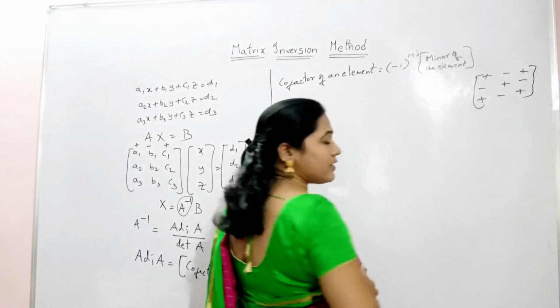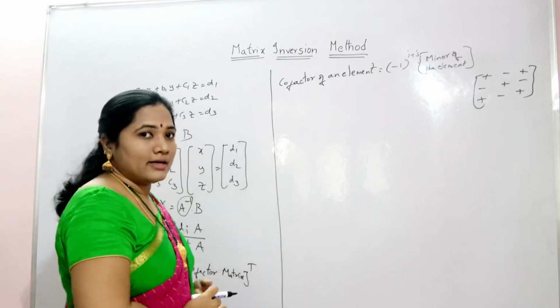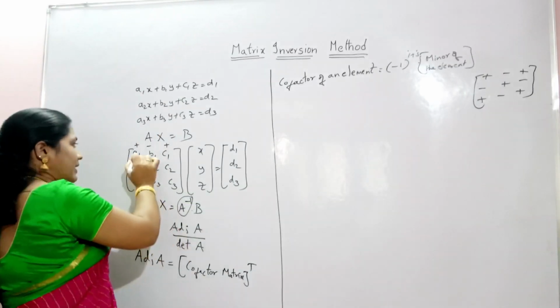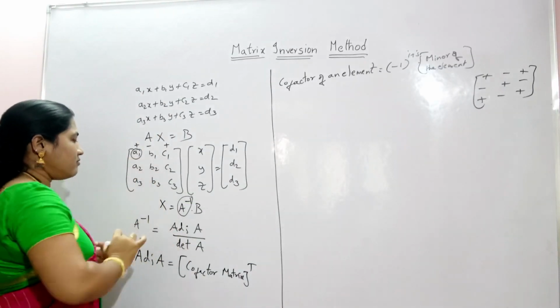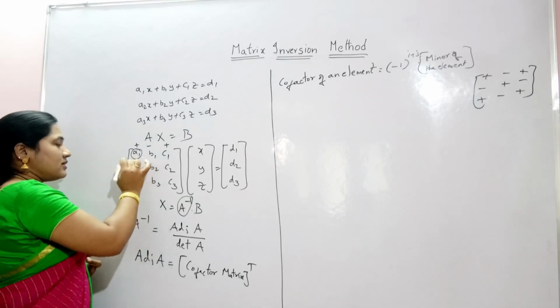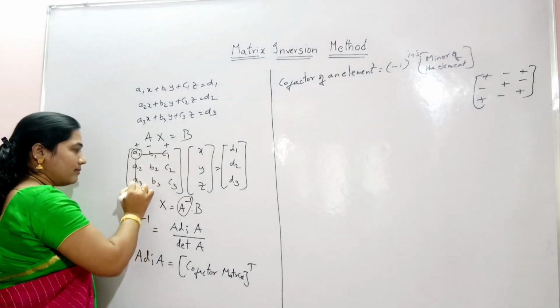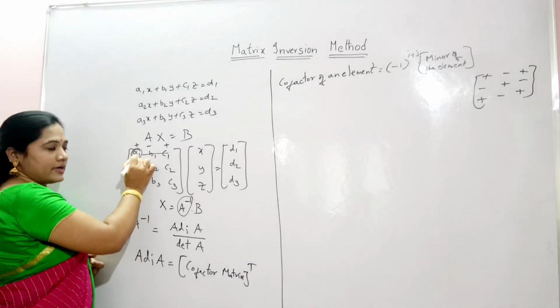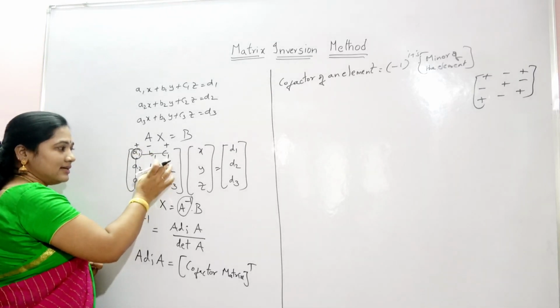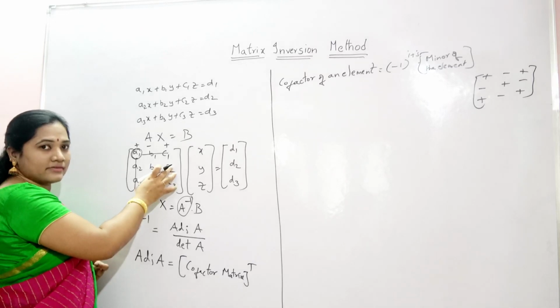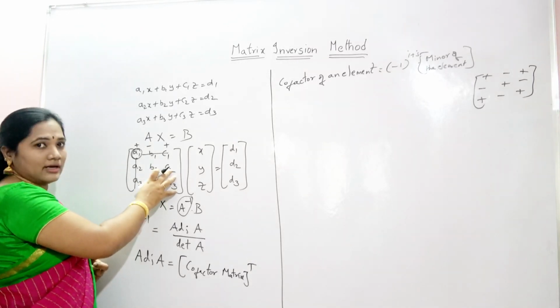And next, the minor of the element. To write the minor of the element a1, first delete the row and the column in which the element is present and find the determinant. That gives the minor of the element.